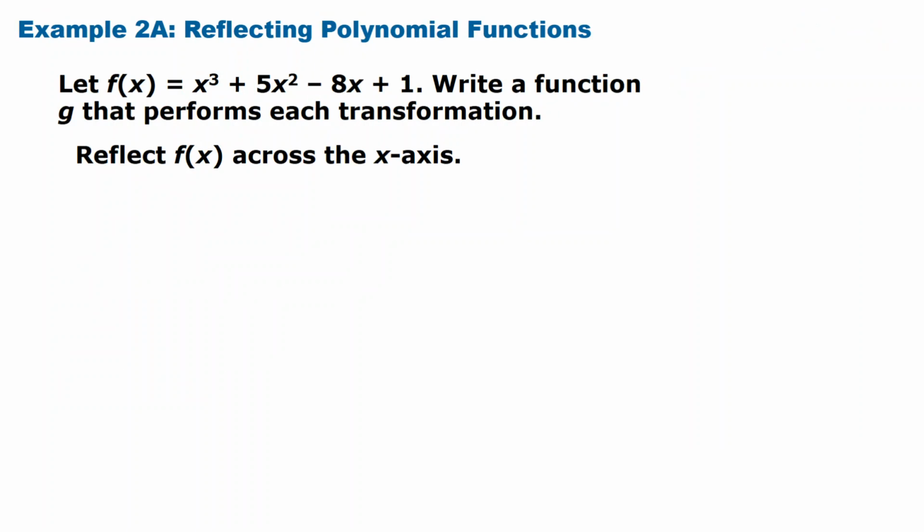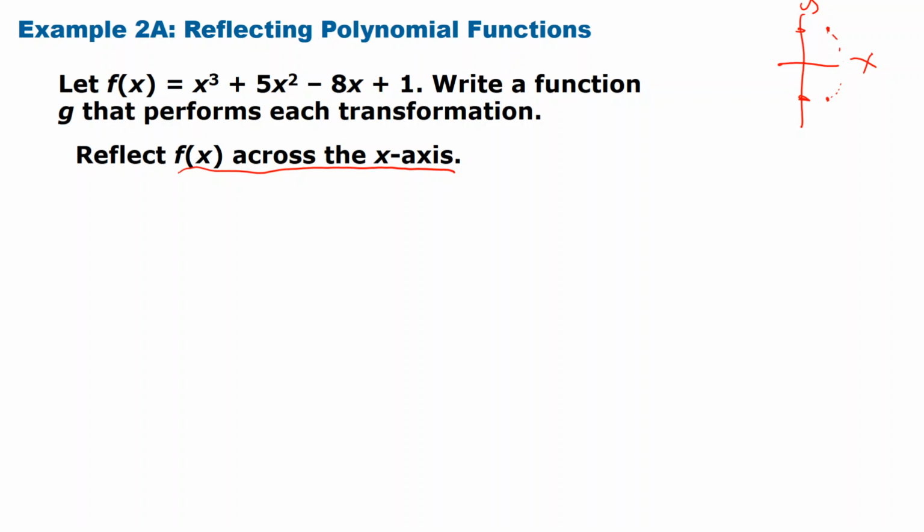Okay, so let's look at this example. This is a new problem. It says reflect the polynomial function. So this time we're going to reflect f of x across the x-axis. Let's just remember what that means. When we have our x and our y, if we have a point here and I need to reflect it across the x-axis, that means it's going to go down like this. So our x's are going to stay the same and the y is going to be opposite.